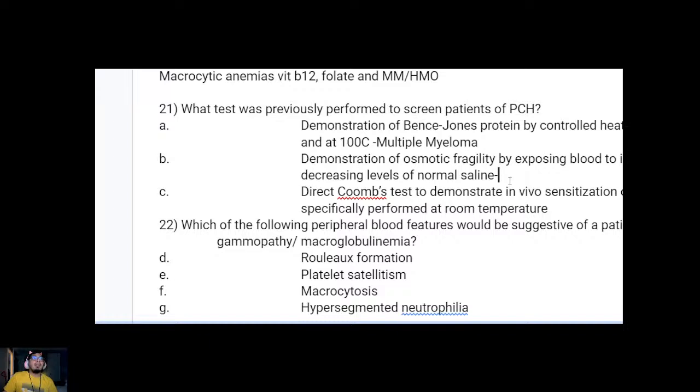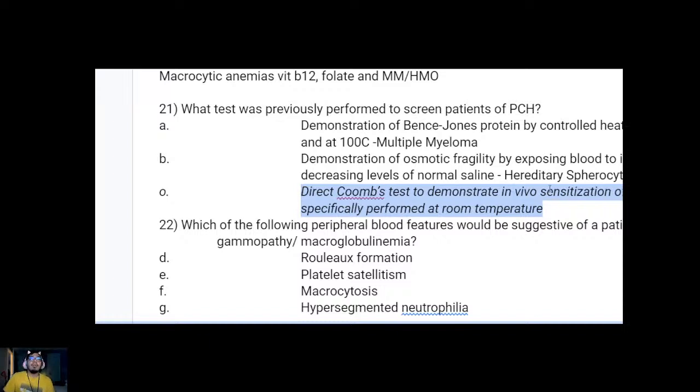Osmotic fragility test is used for hereditary spherocytosis. The Donath-Landsteiner test to demonstrate in vivo sensitization of RBC, performed at room temperature, is the test of choice. This is actually a cold agglutinin screen.